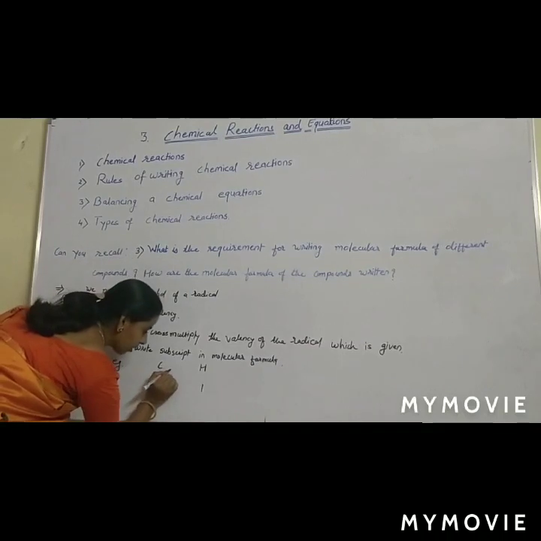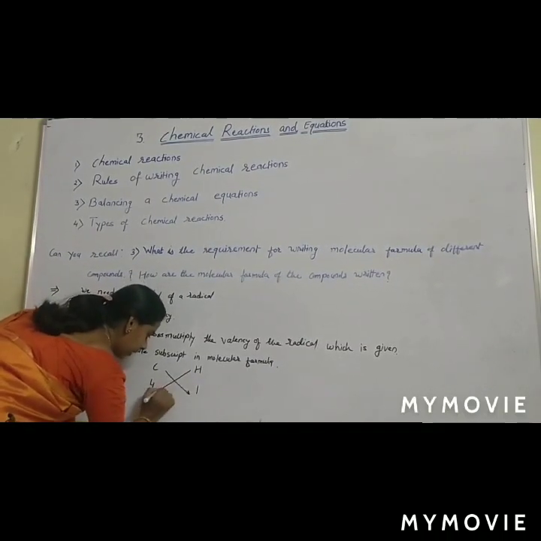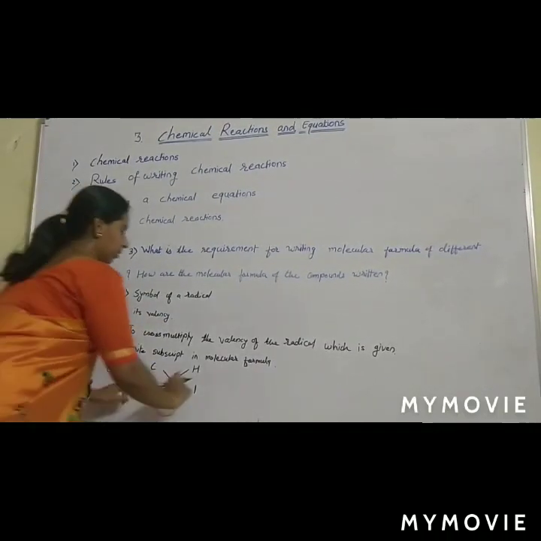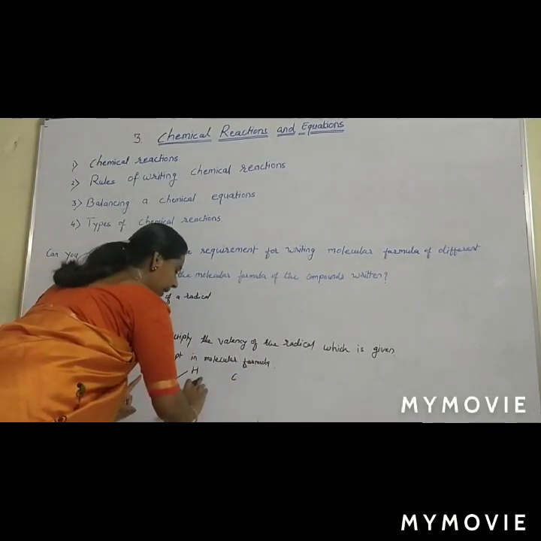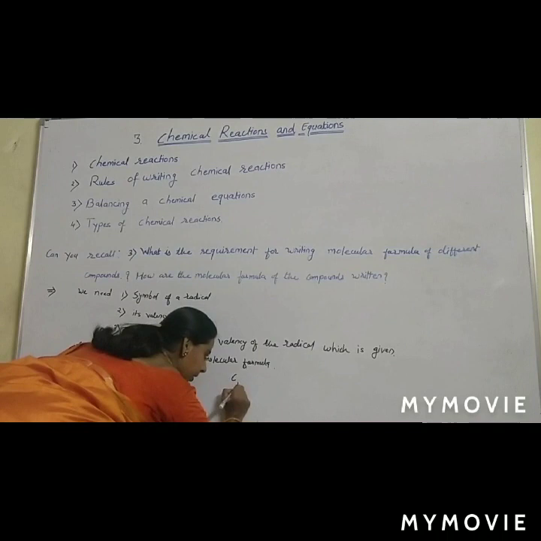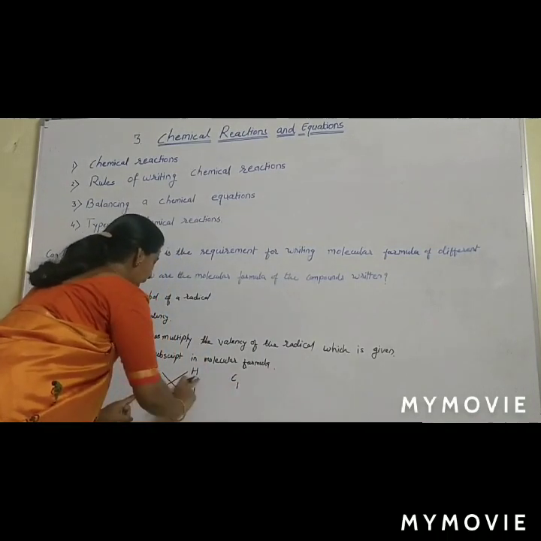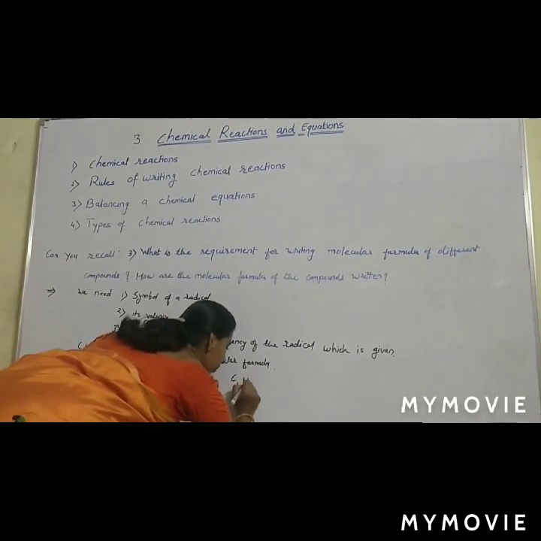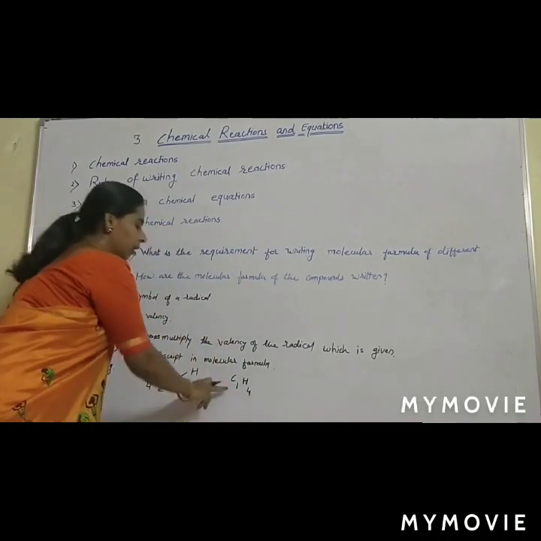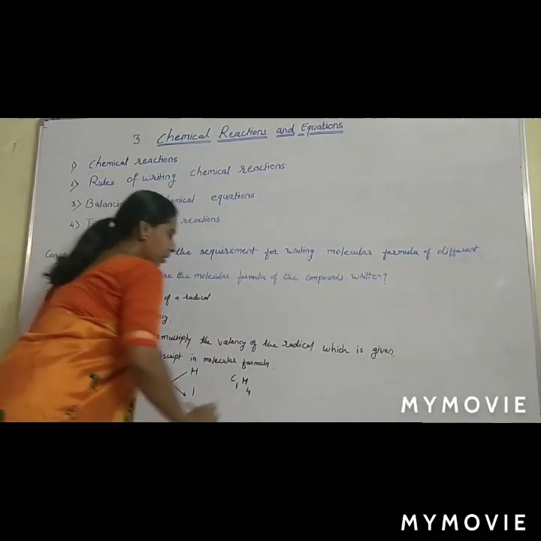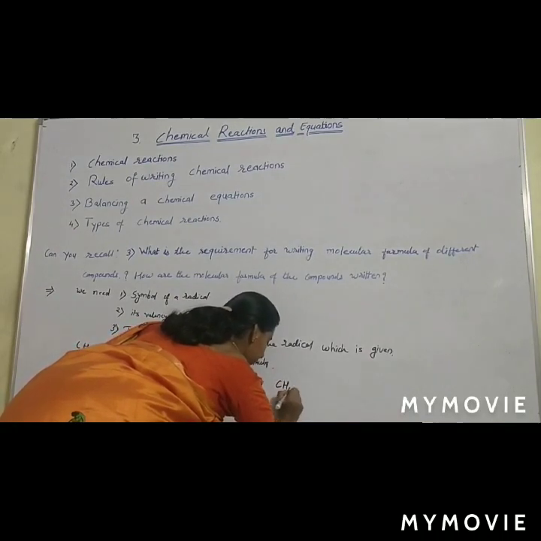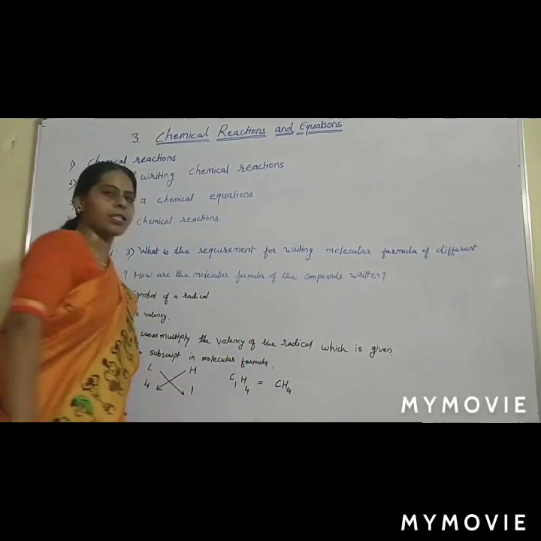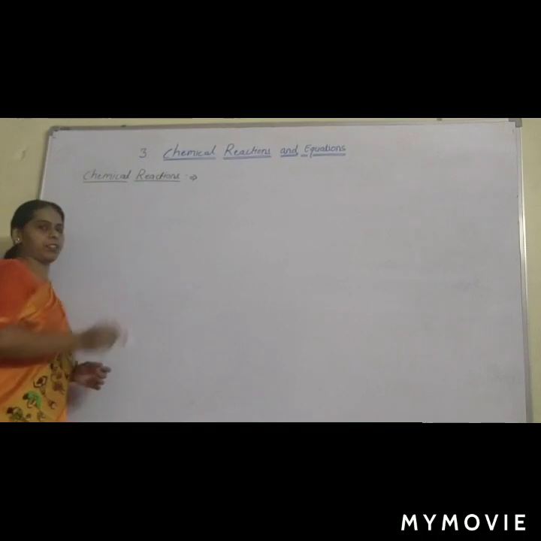Now cross multiply the valencies of the radicals. After C, we write the valency of hydrogen as a subscript, so this is C1 and H4. Traditionally we do not indicate the 1. So the formula of this compound is CH4 and the chemical name of this compound is methane.